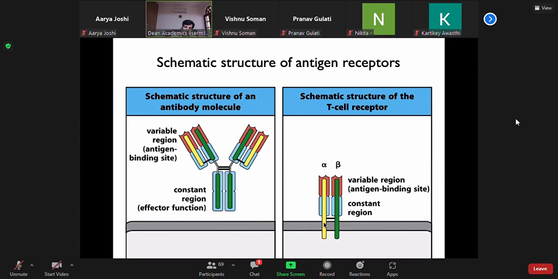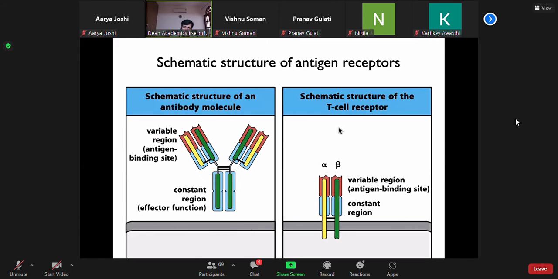They have this transmembrane portion and a short cytoplasmic tail. There is a significance to this short cytoplasmic tail, because this alone cannot signal. You have to have some accessory molecules, some adapter molecules, which are also part of this TCR or BCR complex. We'll talk about those things at some time point.